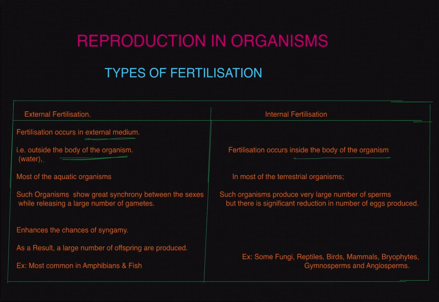Now, where do you observe this external fertilization? In most of the aquatic organisms. In most of the terrestrial organisms, we find internal fertilization. Examples of external fertilization are amphibians, fishes and some types of invertebrates.